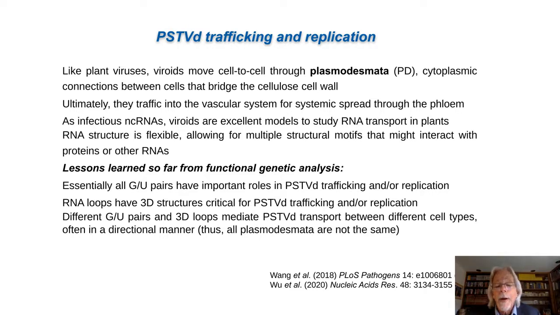And surprisingly, different GU pairs and 3D loops mediate PSTVd transport between different cell types, and very often in a directional manner. So that suggests that all plasmodesmata are not the same. That is, there are different requirements for RNA to move between different cell types.